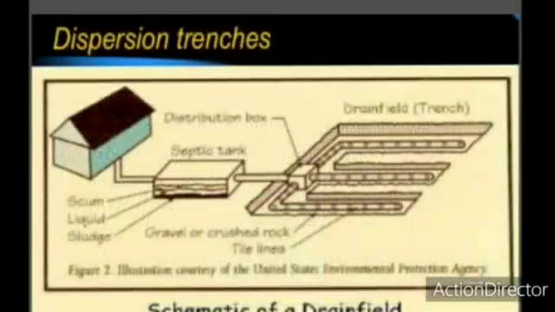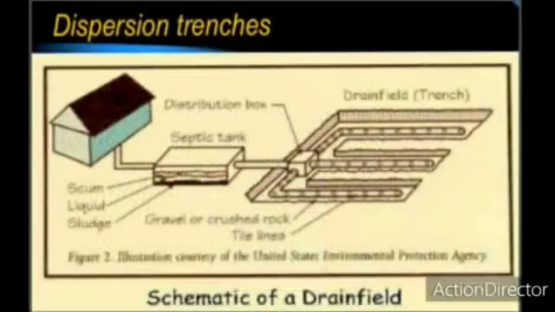Next is dispersion trenches. Let us study the schematic drawing of the dispersion trench. From a home, the sewage is allowed to pass into the septic tank. From the septic tank it is allowed to pass into a distribution box.